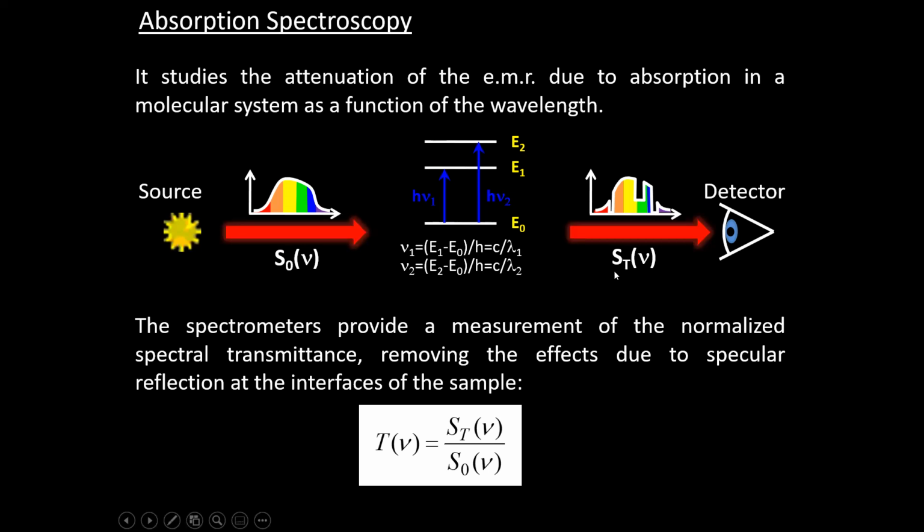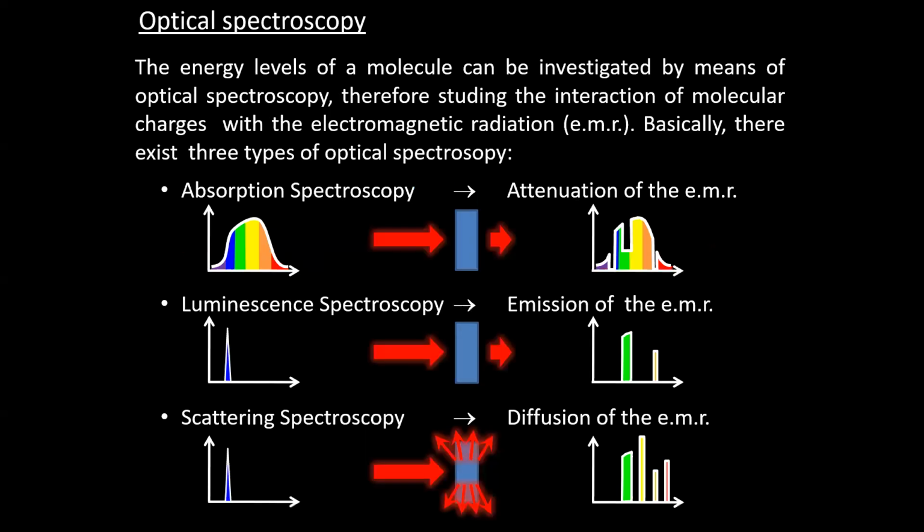Clearly, if ST is equal to S naught, the ratio is 1 and the transmittance is 1. Of course, since both of these have a frequency dependency, the transmittance can be frequency dependent.